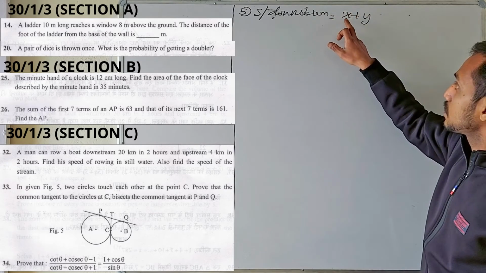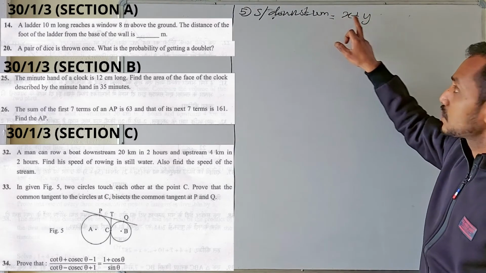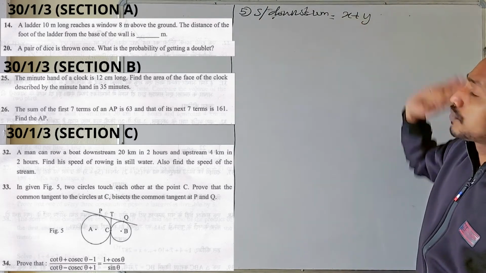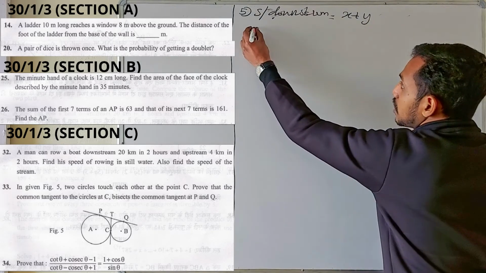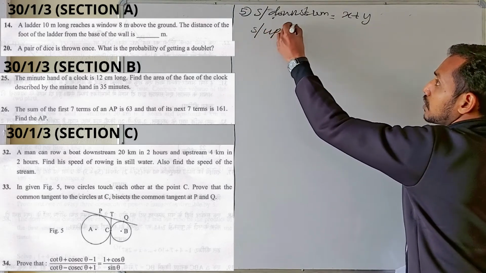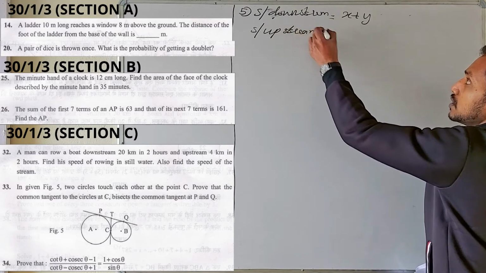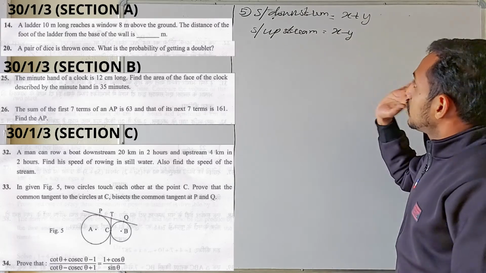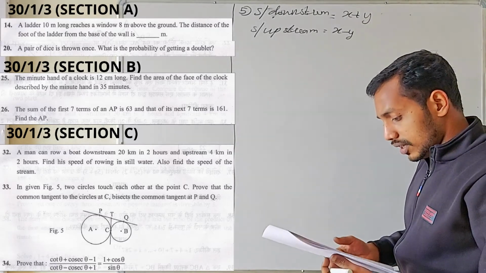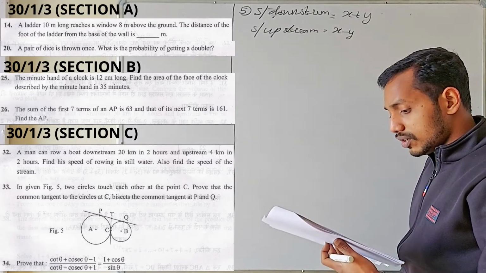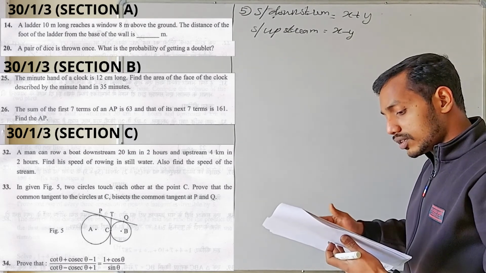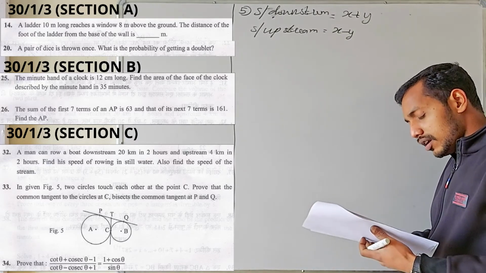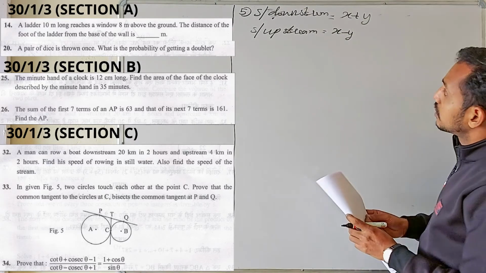If you are considering speed of boat in still water is x and the speed of stream is y, then the speed at downstream is x plus y. Similarly, speed at upstream is actually x minus y. Clear? That is the thing first we need to remember regarding solving these questions. Also find the speed of the rowing in still water. Also find the speed of the stream. So that is what we need to find.